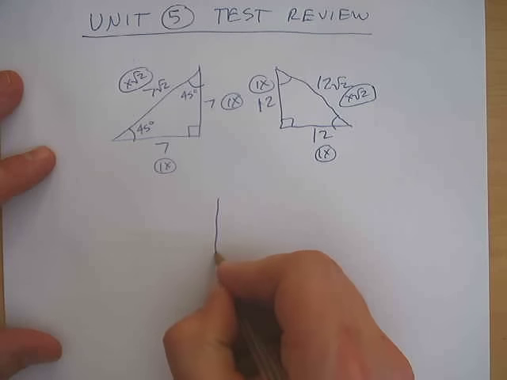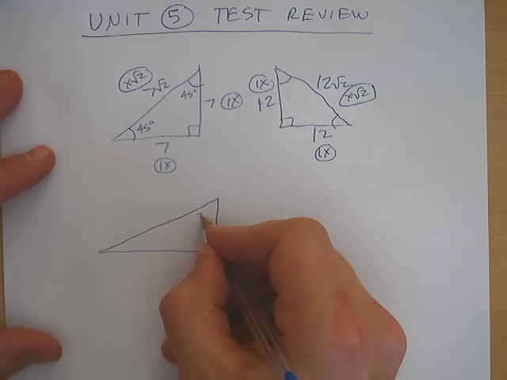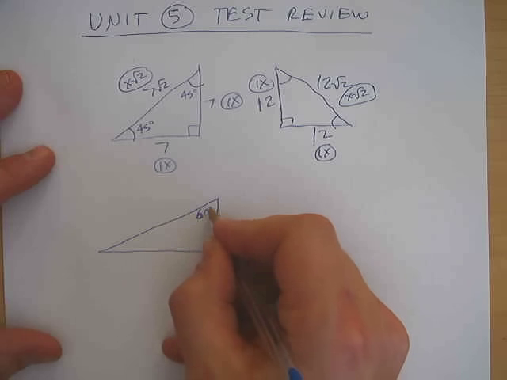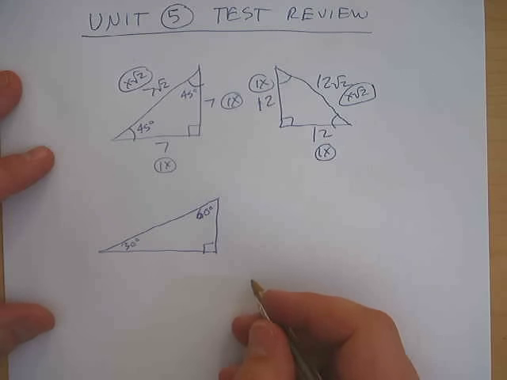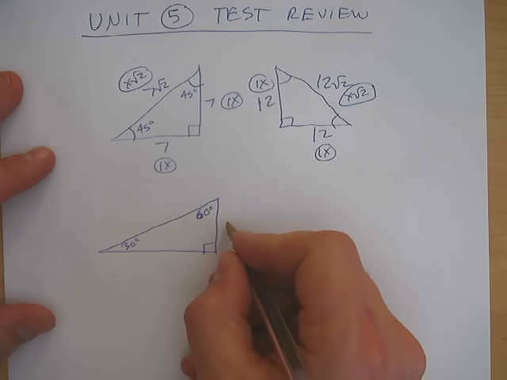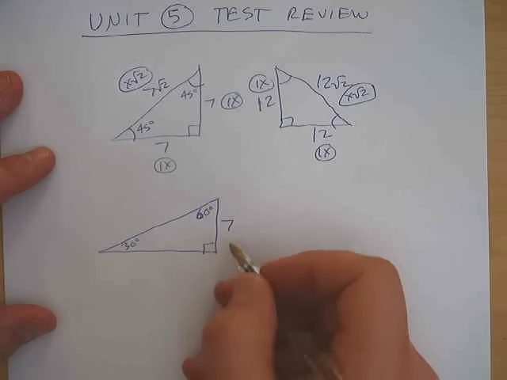What if we had a 30, 60, 90 triangle? Here's an example of one of those. Right, that's 60, that's 30, that's 90. So if this side was, for instance, 7, okay, I'm using 7 again, I guess.